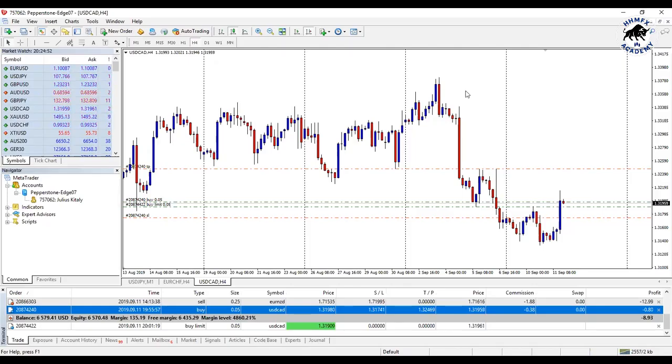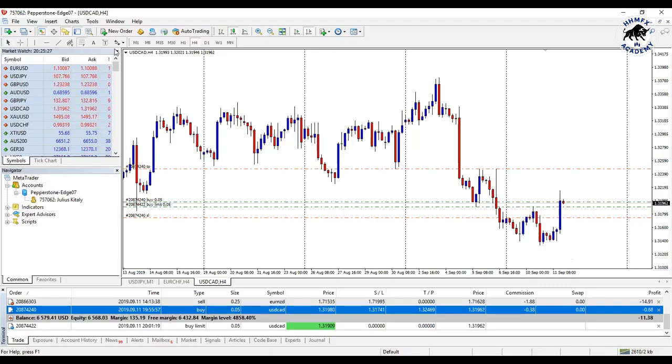For example, here, since this is a downtrend, the market was moving down, and since we are looking at the buying opportunity, it's obvious that we'll draw the Fibonacci retracement from the peak, from where the market started dropping, to where the market made a reversal. The market made a reversal at this point.